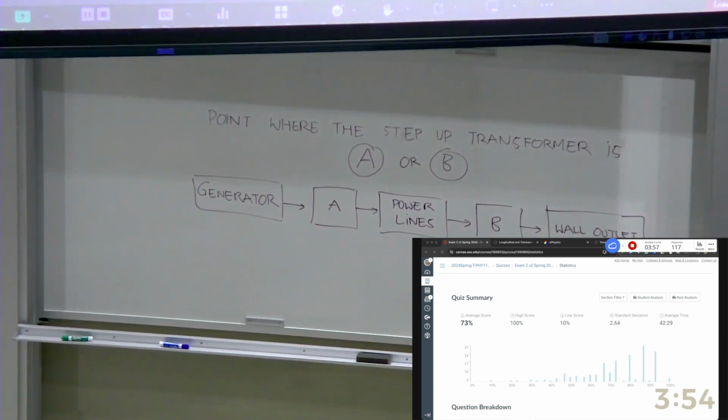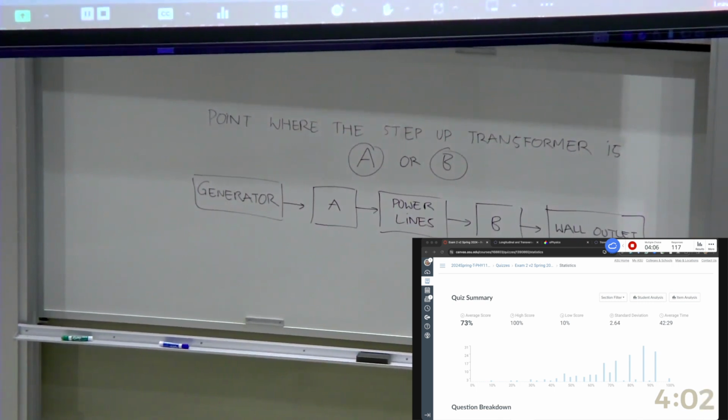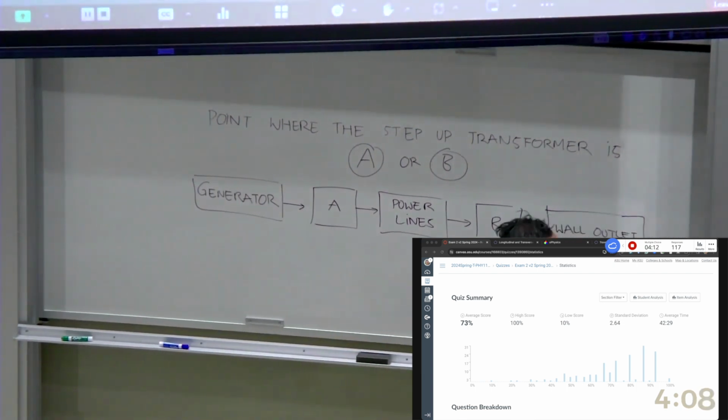So this is the real score. Because you only need to get 14 in order to get a perfect score, the average is about 78%.